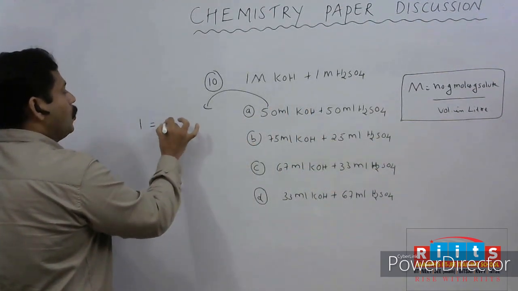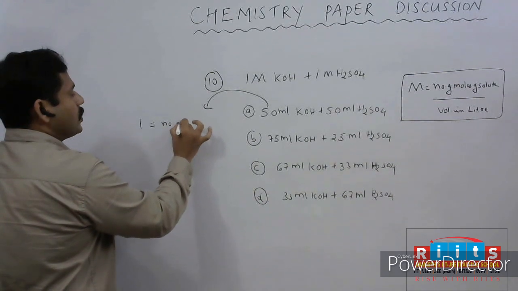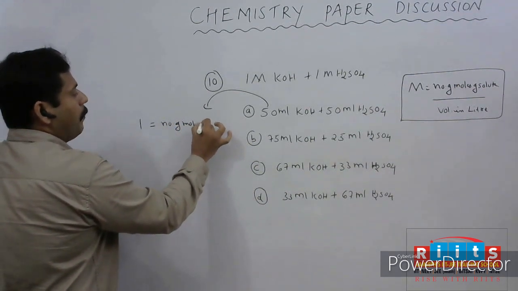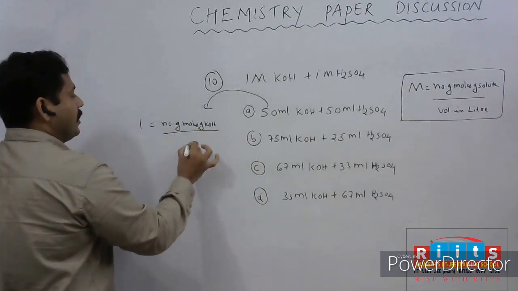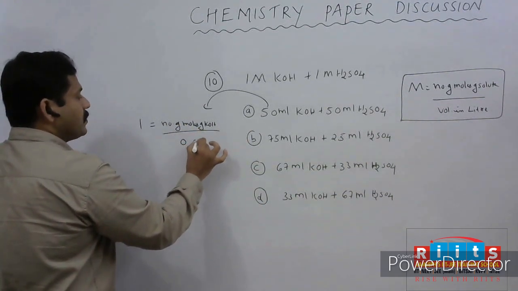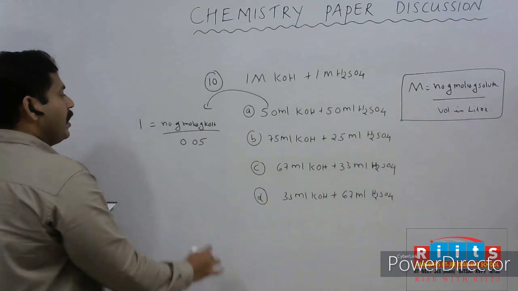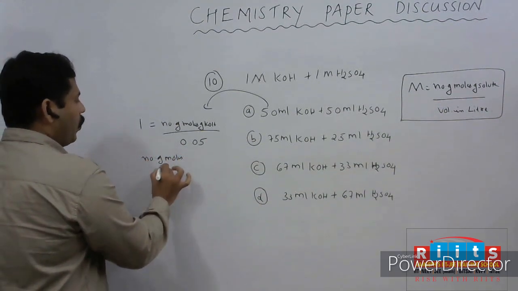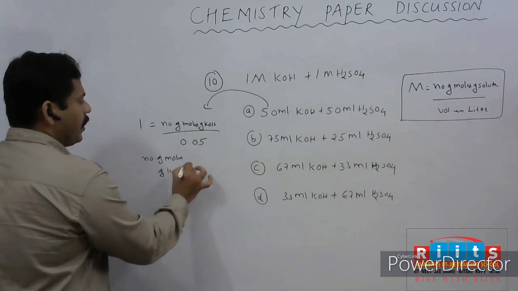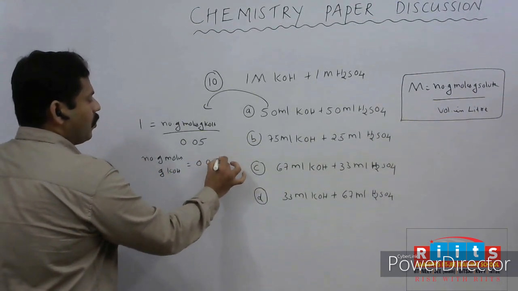So 1 is equal to the number of moles of KOH divided by the volume in liters, that means 0.05 only, right? So the number of moles of KOH will be 0.05.